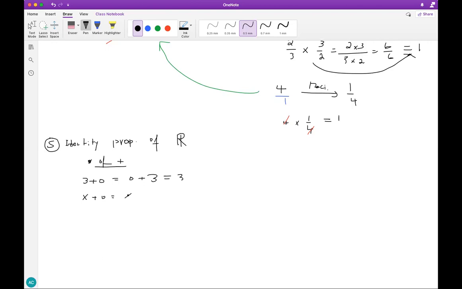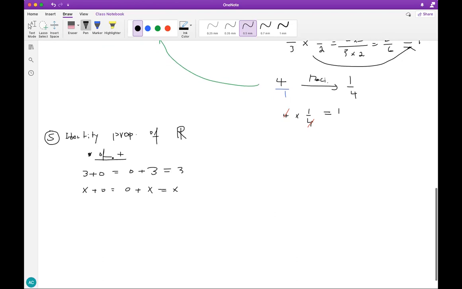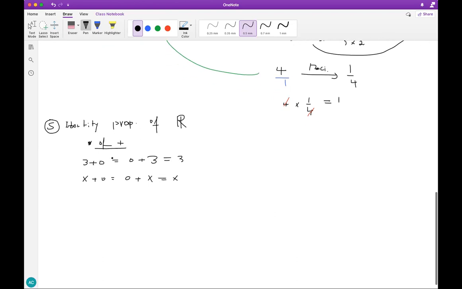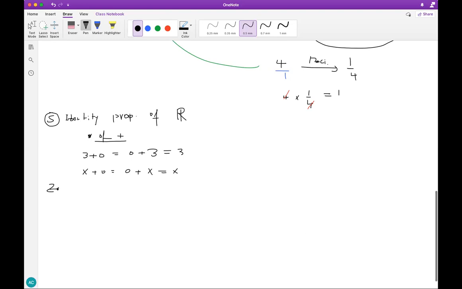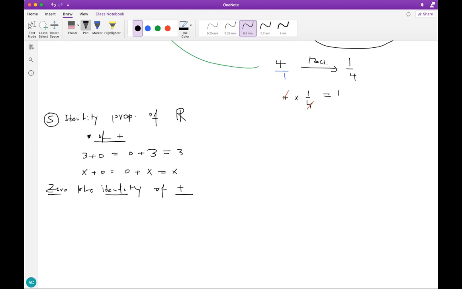So 0 plus x is basically just x. That's what we call the identity property of addition. So that's what we call 0 the identity of addition. So 0 is the identity of addition for obvious reason, because 0 does not affect the addition.